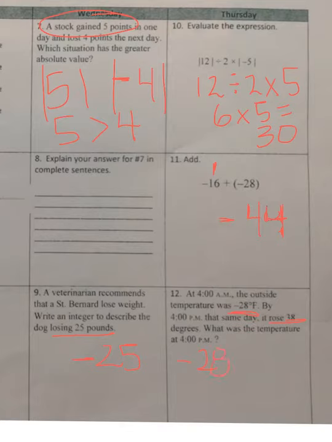And then I'm going to add 38 to this, because saying that it rose 38 degrees is a positive. So now I'm adding integers, and the signs are different. So I know I'm going to subtract, and I want to keep the sign of the larger absolute value. So it's going to be positive, because 38 is farther from 0. And 38 minus 28 is 10. So it would be 10 degrees Fahrenheit.